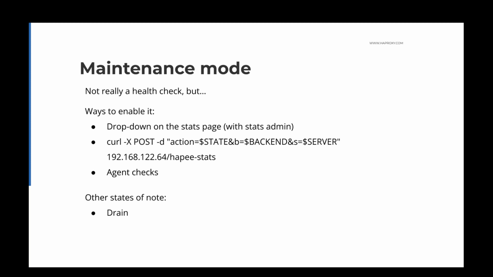So you can use that before you put a server into maintenance mode to get persistent sessions off of that server, and then once most of them are done and you're ready to begin work, you put it into maintenance mode for an even softer entry to the health check state.